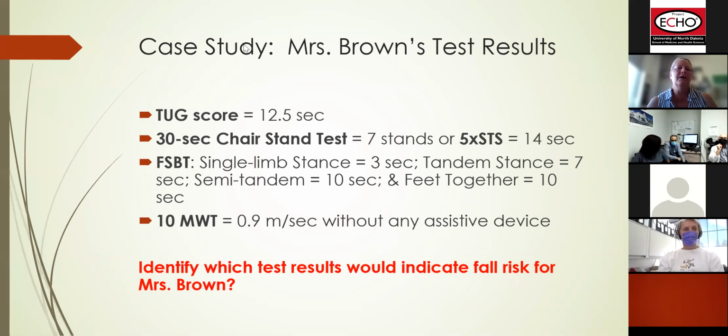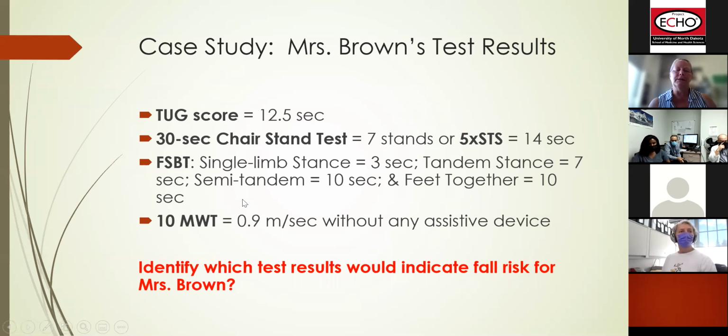So was the TUG in our fall risk category? Yeah. She should be able to walk faster than that 12.5 seconds. Her 30-second chair stand test was 7. She should be able to do 10 or more with her age category. She should have been able to stand tandem stance for at least 10 seconds.